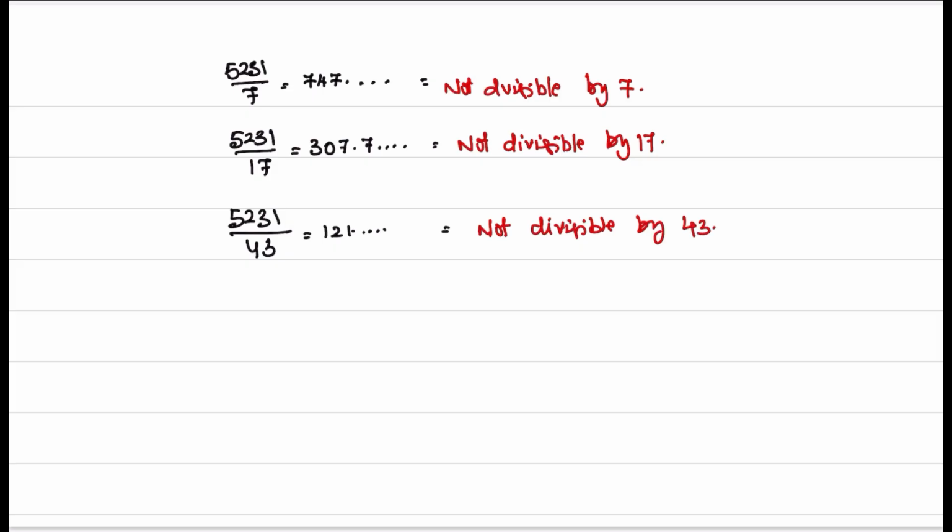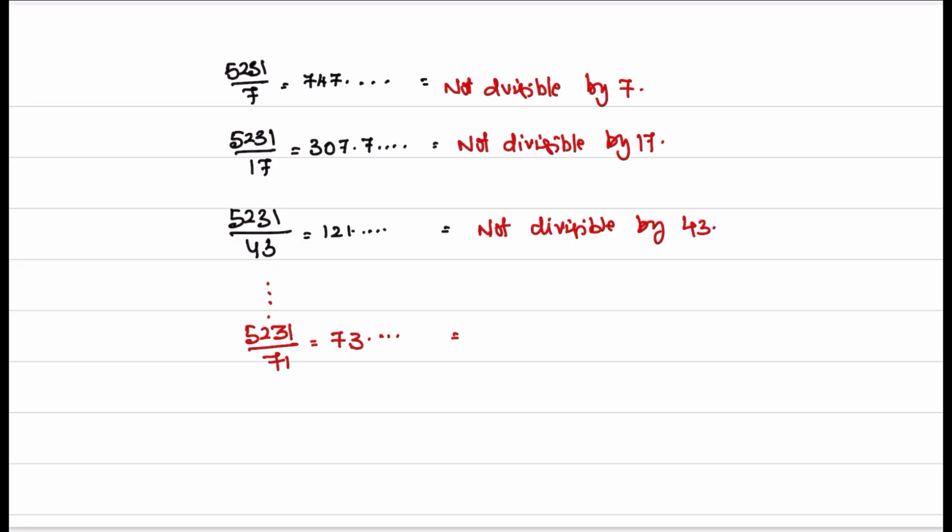If you see, this number will not be divisible even by 71. 71 is the prime number just below 72. 71 7s are 497, 24, 241. 241 means 71 3s are 213, and afterwards it is a decimal.